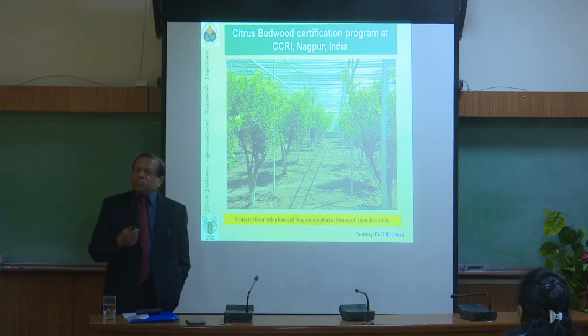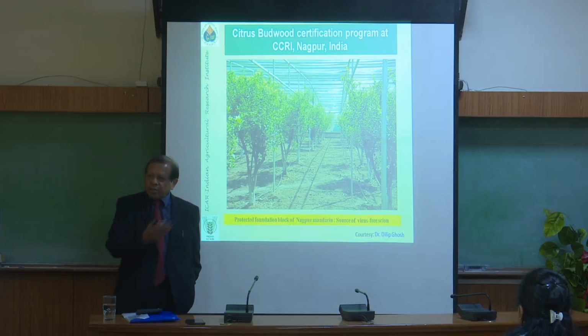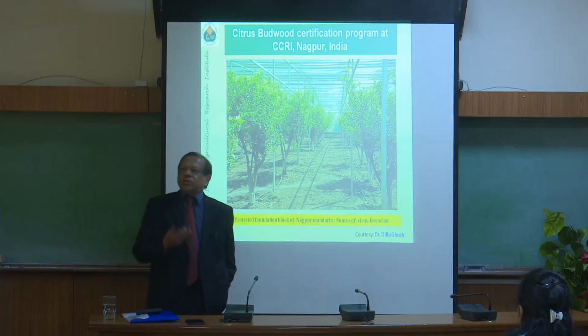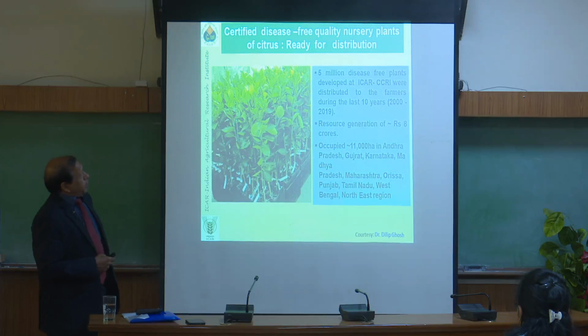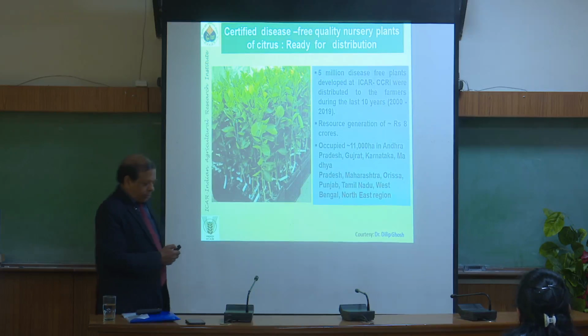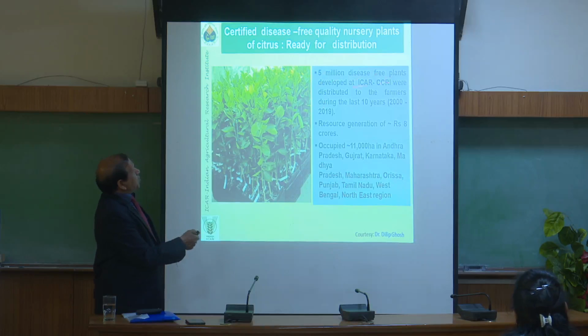Like we have the potato seed certification program, which was developed by CPRI Shimla long back, on similar lines the United States Department of Agriculture has developed a citrus budwood certification program. Just to share with you, during the last 10 years, 5 million disease-free plants developed at Nagpur were distributed to the farmers.